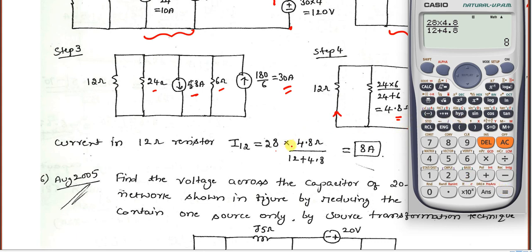If you are using division instead of the fraction box, then you have to use a bracket: 28 into 4.8, and you have to divide by the whole sum. If you make a mistake, you will get the wrong answer. You have to use brackets if you are using this. So better use this format. This is the answer.